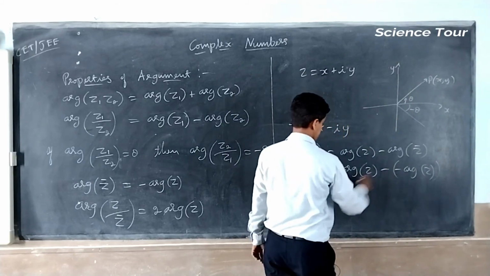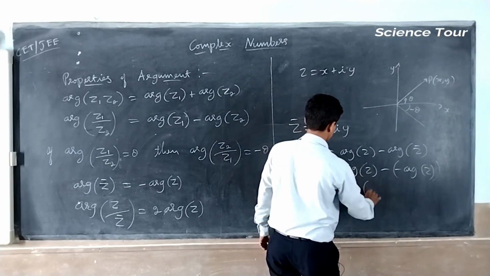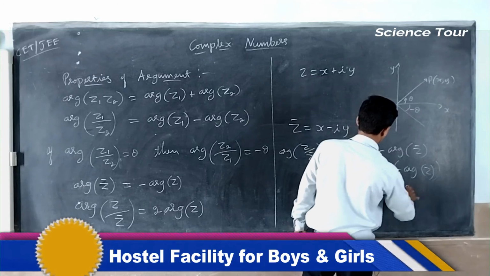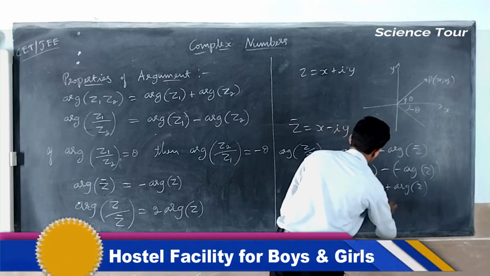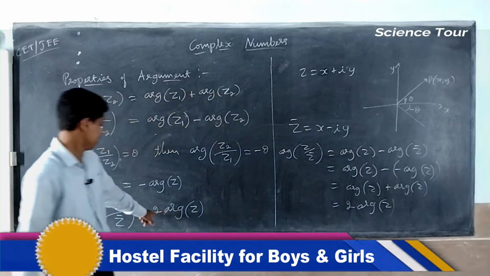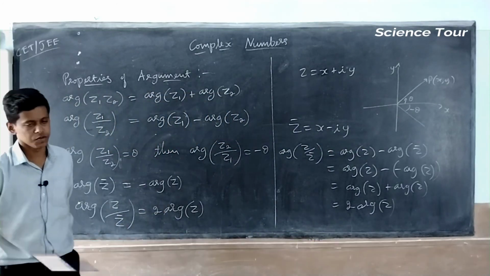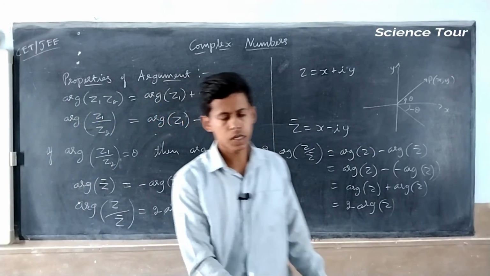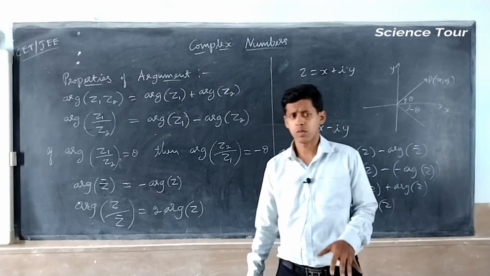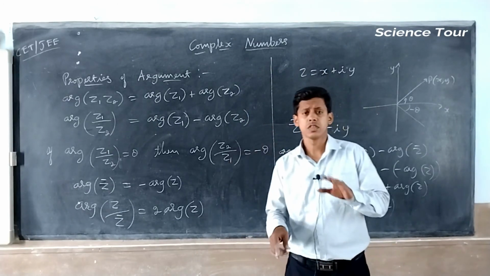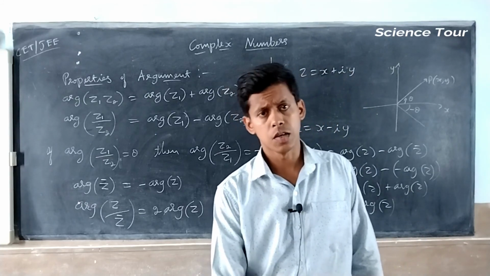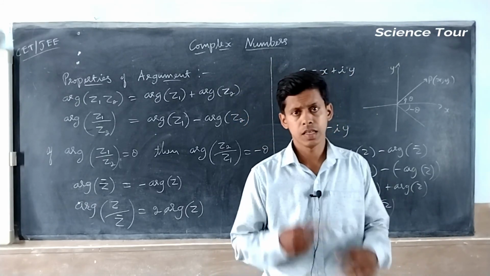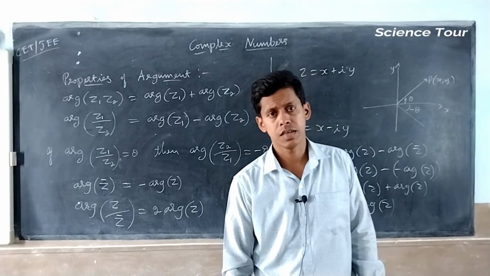Hence it will be plus. So therefore it will be 2 times argument of z. I hope you understood these properties. We'll use them in the problems, and these properties will help us to solve the problems based on argument very quickly. Well, so now let us begin the examples.